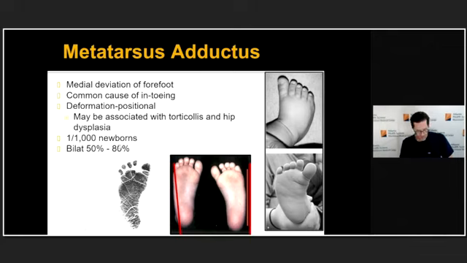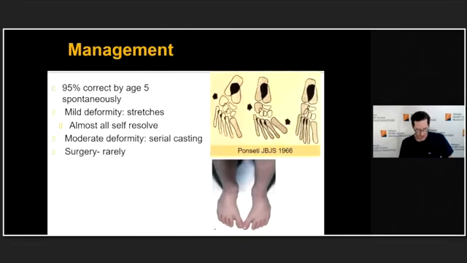The incidence of metatarsus adductus is 1 in 100,000 and it is bilateral 50 to 80% of the time. The management is usually gentle reassurance of the parents and observation, because about 95% of these will correct spontaneously by the age of 5.